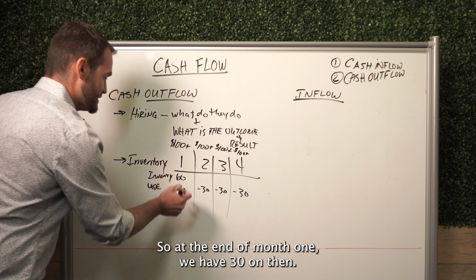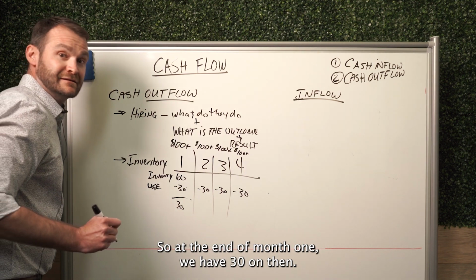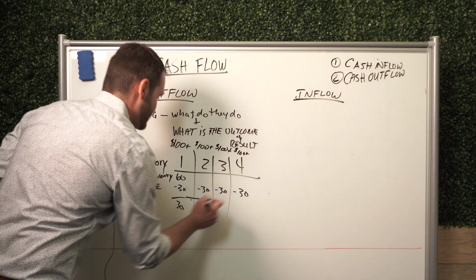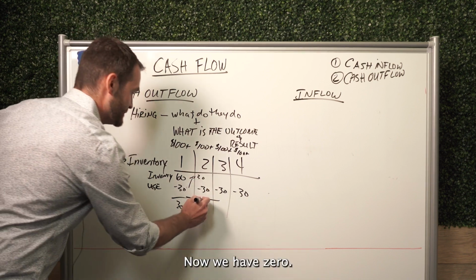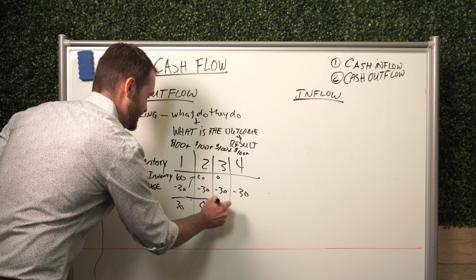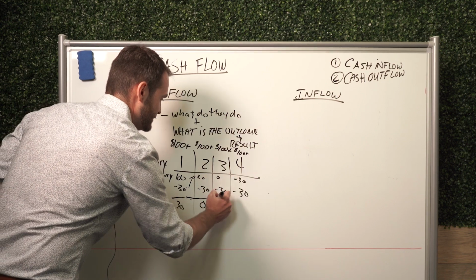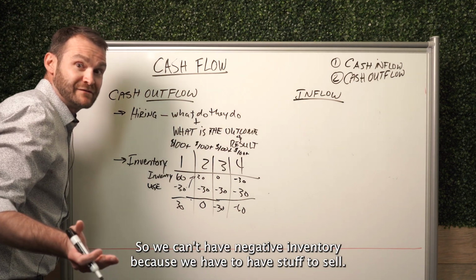Awesome. Okay, so at the end of month 1, we have 30 on hand. Then, so now we take this up here, start with 30, now we have 0. Okay, so we can't have negative inventory, so we have to have stuff to sell.